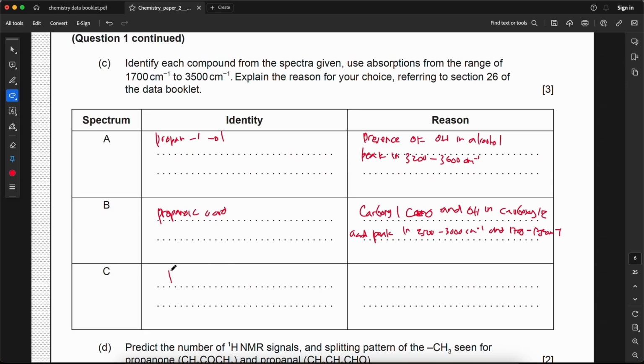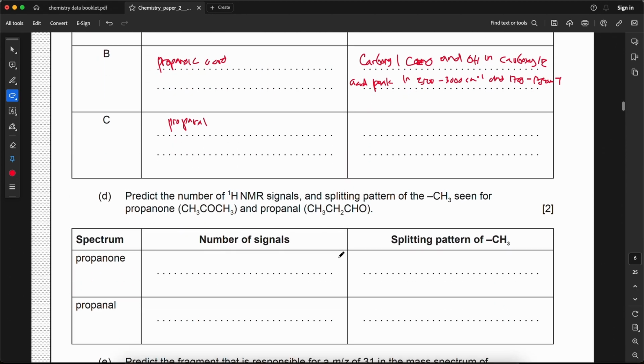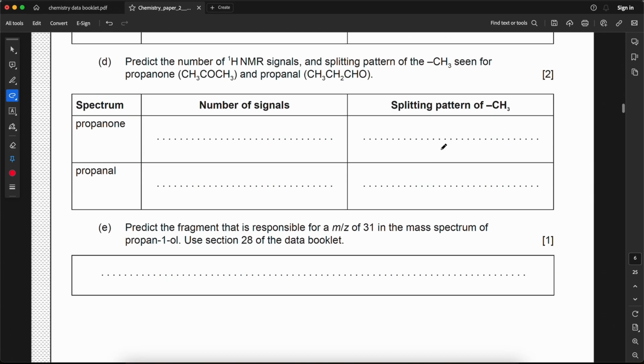And the third one, it's propanone. Presence of carbonyl, C double bond O, peak in 1700 to 1750 centimeter to the power -1.